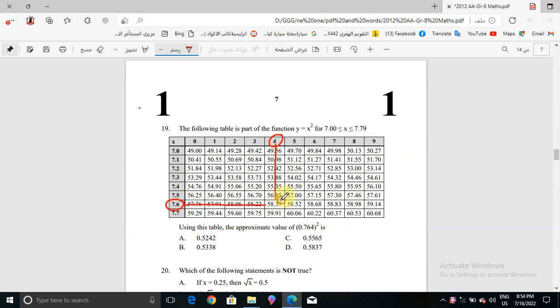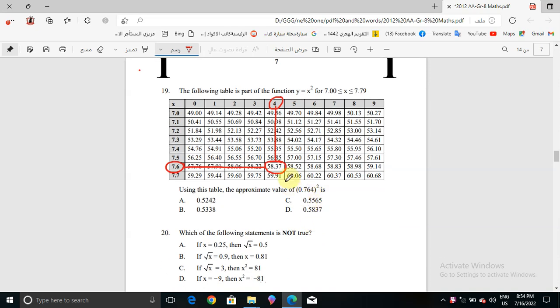So that means the correct answer will be 58.37. But this was for 7.64, right? But when you multiply by 0 here, it will be 0.5837. So the correct answer for question number 19 will be the choice D.